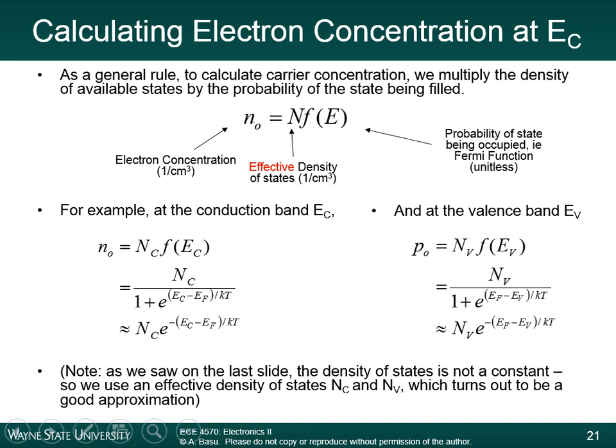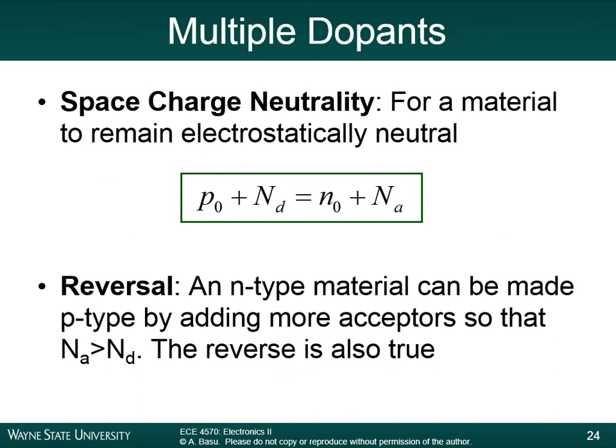I mentioned that we have these formulas based on NC and NV and the Fermi function. There are easier versions of those formulas that we can work with when we do our calculations. So that's what we're going to talk about now.